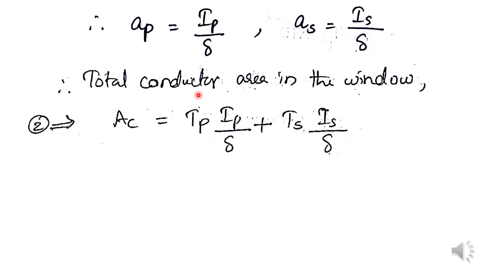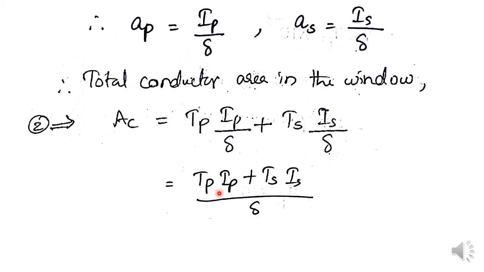Therefore, the total conductor area in the window, that is AC, can be rewritten. Here we had written TP AP plus TS AS. That was the equation. So instead of AP, we are writing IP by delta, and instead of AS, we are writing IS by delta. That is equal to TPIP plus TSIS all divided by delta.